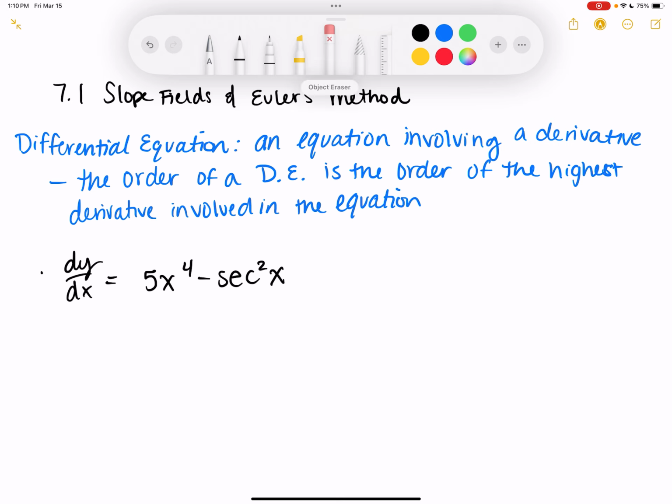Is that the end of the notes? Yeah, well, sort of. For today, yes. So what is the antiderivative of this? X to the 5th minus tangent.